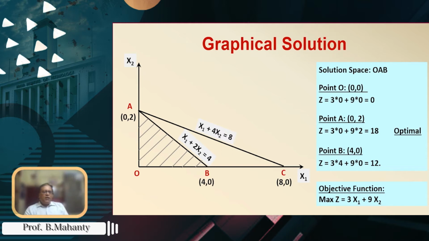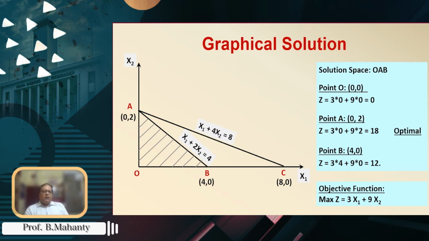O, A, B, and C. But we said that because there are 6 basic solutions, that means we should get 6 different corner points. Some will be feasible, some will not be feasible. So here O, A, B are feasible corner points, and C is the infeasible corner point. So it's a basic solution, but it's not a basic feasible solution.